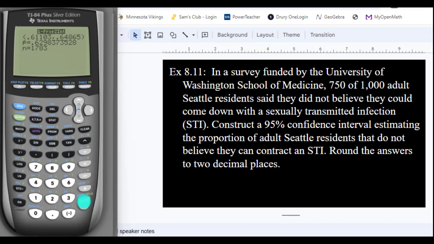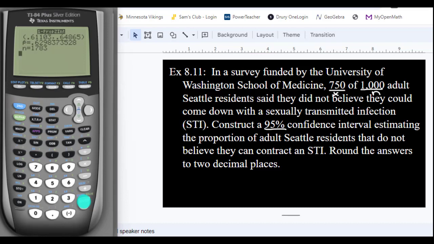So here are the values that we are interested in. 750 is going to be our x. That's the number of people that do not believe they can come down with that infection. 1,000 is the n value, that's the sample size, and then the confidence level is 95%.